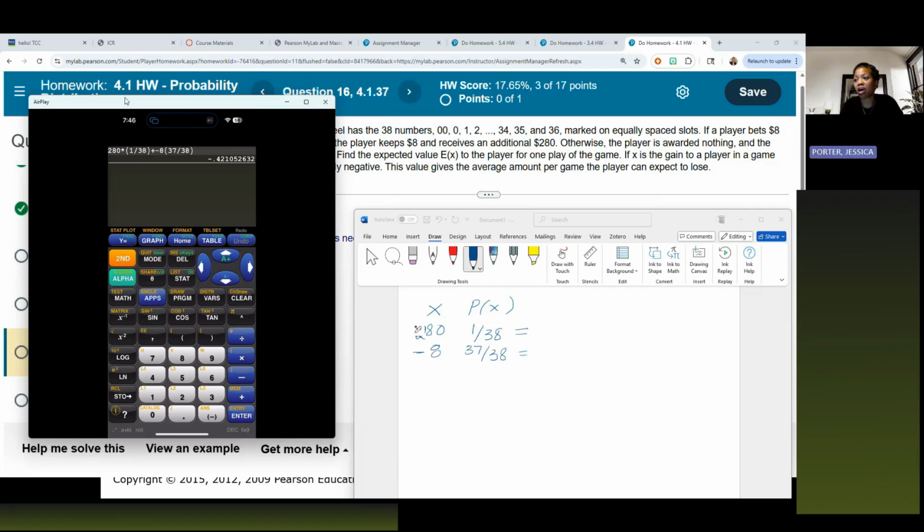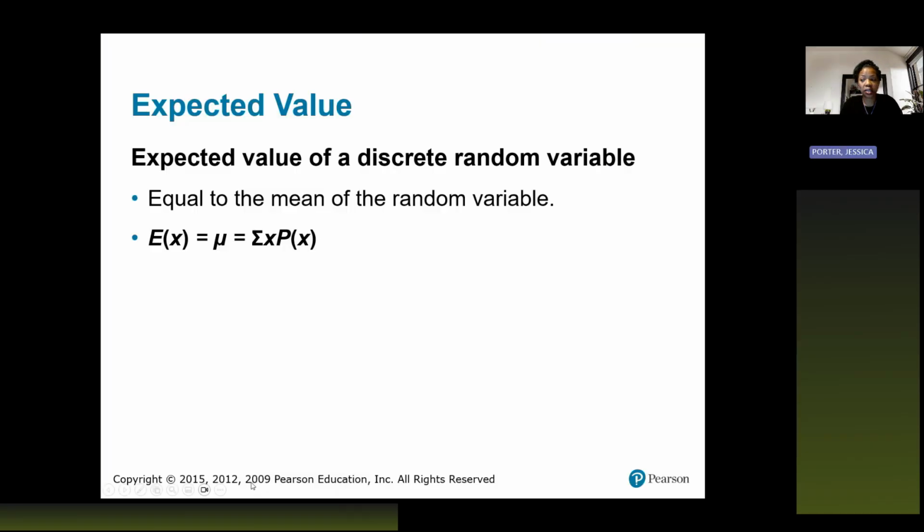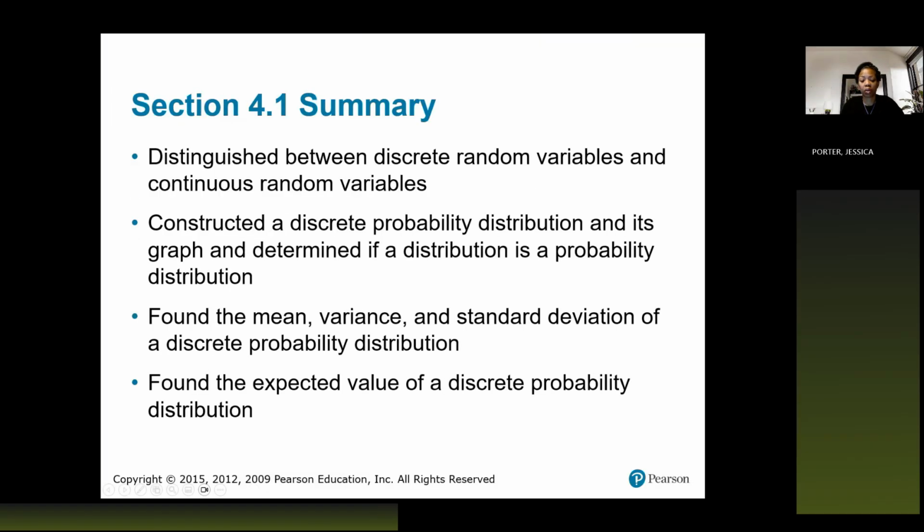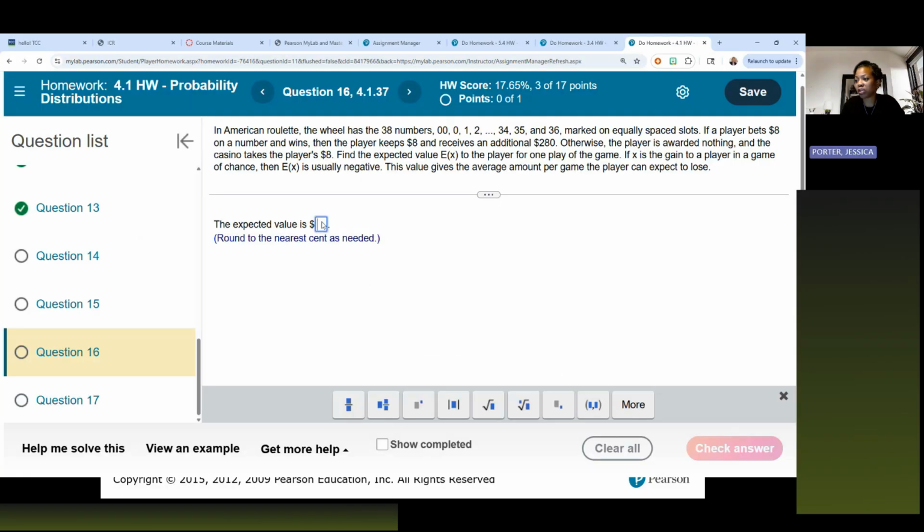So notice our expected value is negative 0.42. So in this problem, the expected value is going to be negative 0.42.